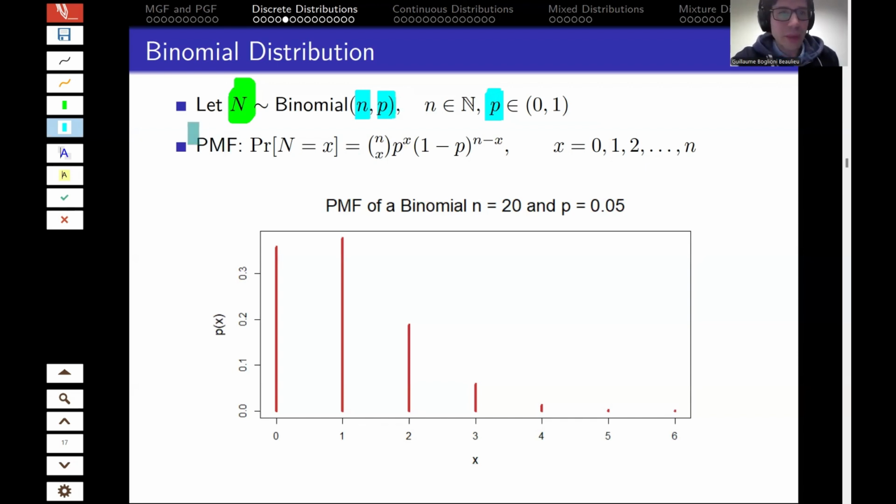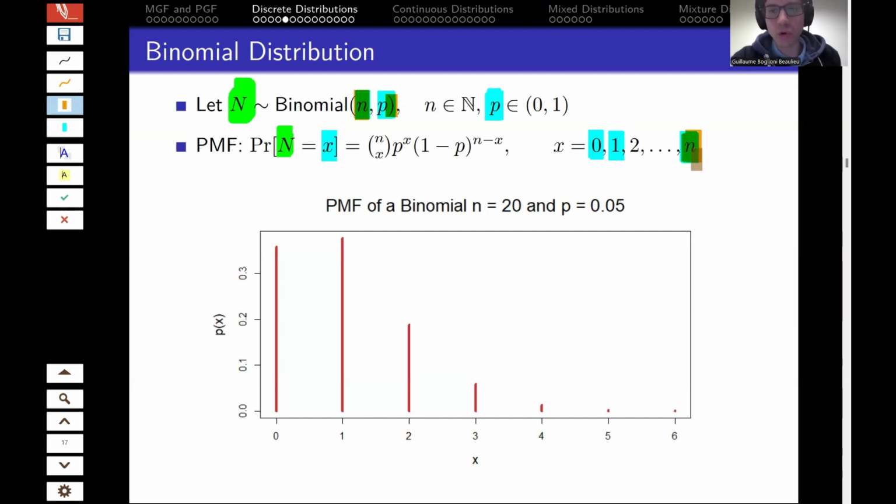Now here you have the PMF of the binomial, simply the probability N equals any specific value x. Careful, the support would be the non-negative integers 0, 1, but up to n, because obviously the maximum number of successes out of n trials is n.